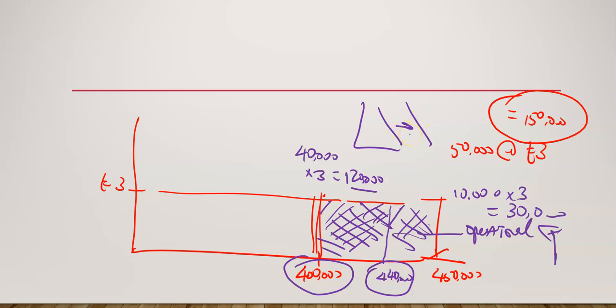Probably price would have gone up as well, I imagine. But for now, the key point is that we have an increasing population. So the operational variance is 30,000, and the planning variance is 120,000. That's how we address these things.